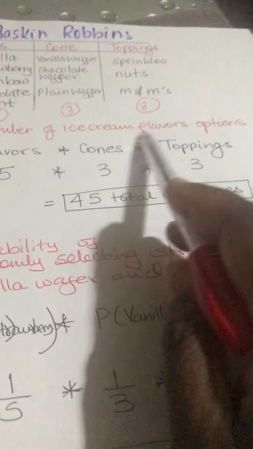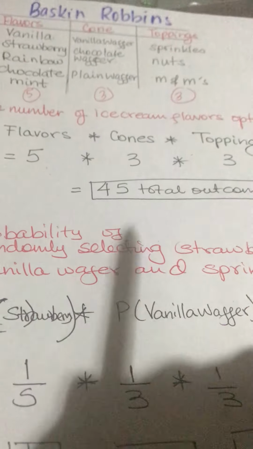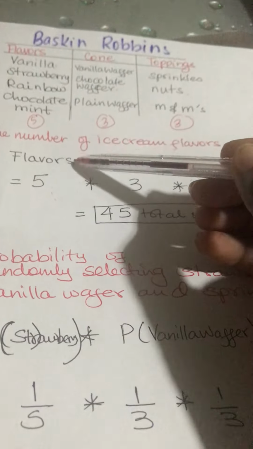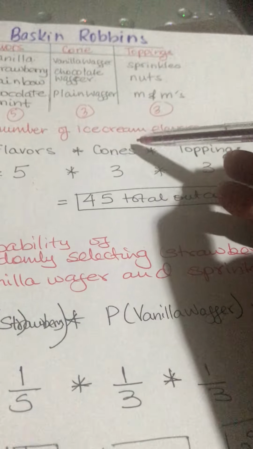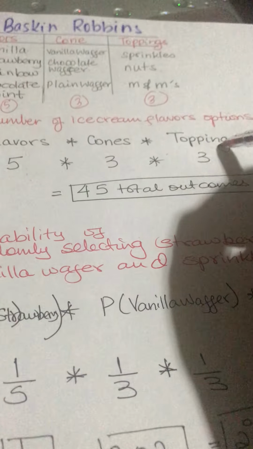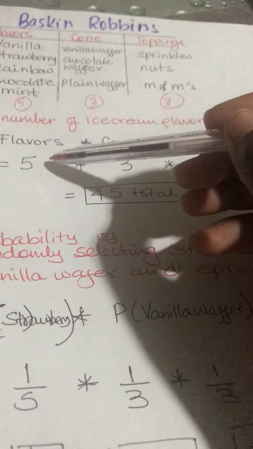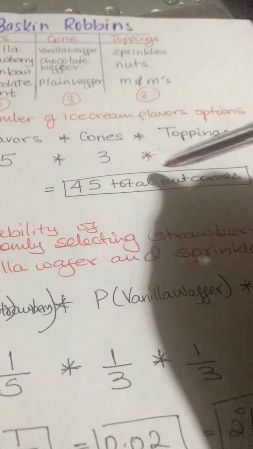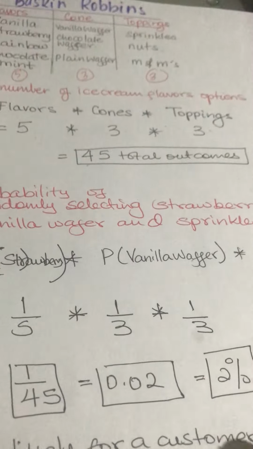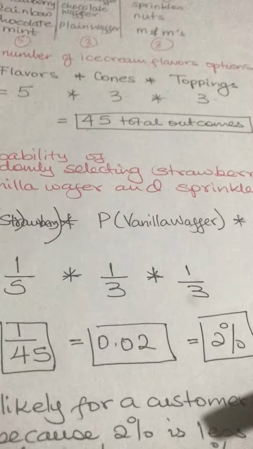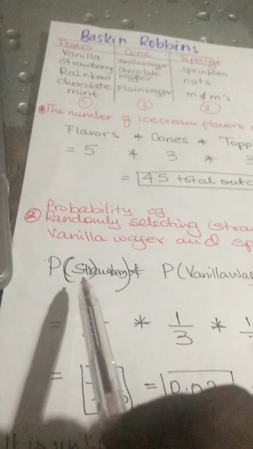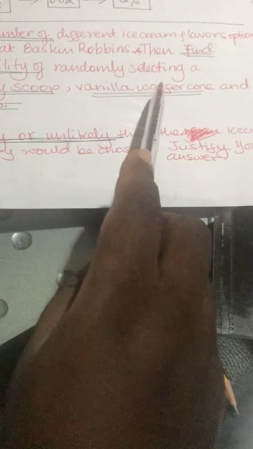Now we want to find the number of ice cream flavors total. That's what the question says, yes? The total number of options. You take the number for flavors, the number for cones, and the number for toppings, and you multiply all of them. 5 times 3 times 3 gives us 45 total outcomes. Okay? Then, what do we want? Strawberry. According to the question, you want strawberry, vanilla wafer, and sprinkles.